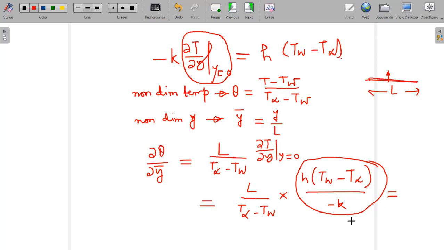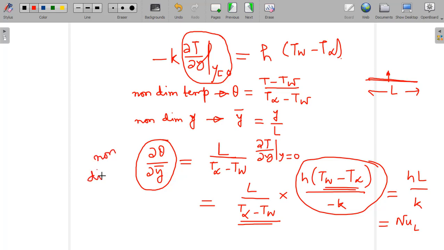So if you simplify, you see that this quantity is nothing but H L by K. Here you see it is T wall minus T infinity, and this is T infinity minus T wall, so this minus will also cancel along with this quantity. So it will finally be HL by K, or nothing but Nusselt number, as you can see, with L as the characteristic length.